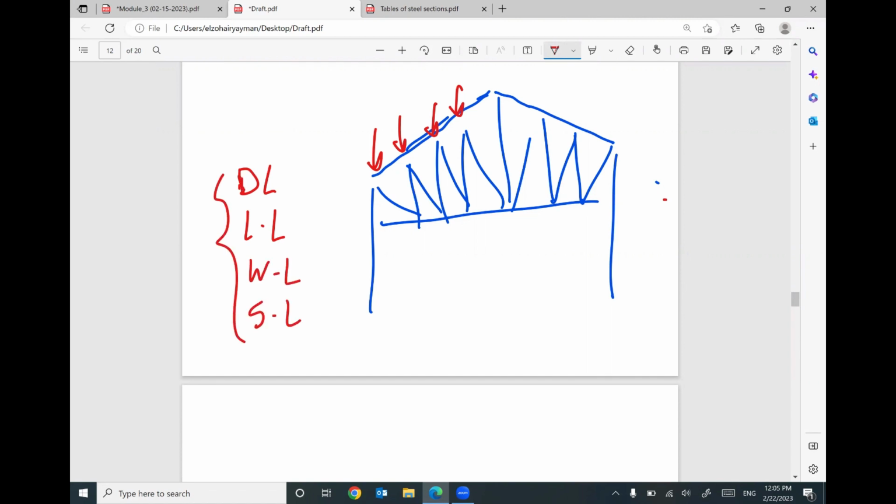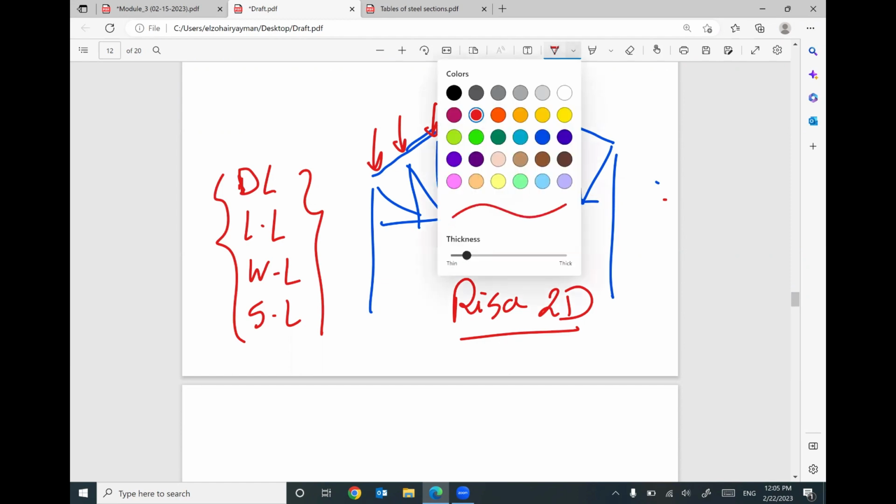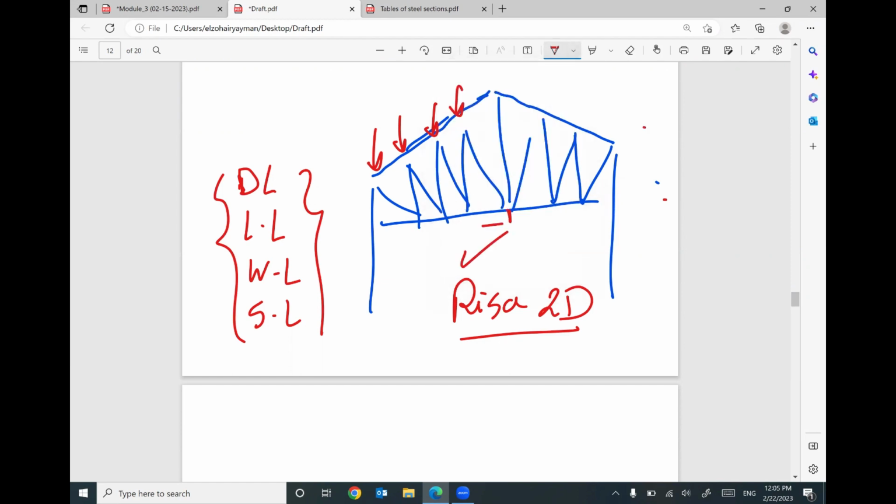We modeled this truss in RISA 2D, and we did combinations between the applied loads, and finally we solved the truss and found that each member will have an axial force, which is called P ultimate.